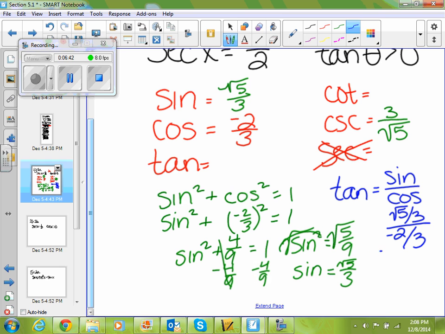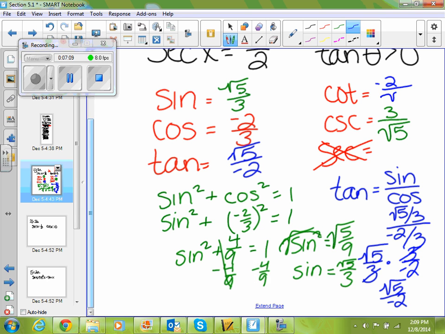So then if I leave the first one alone, change it to multiplication, flip the other one upside down, I get square root of 5 over 3 times 3 over negative 2. The 3's then cross cancel, and I end up with square root of 5 over negative 2 for my tangent. And then I know that cotangent is just tangent flipped over, so I get negative 2 over square root of 5 for my cotangent.